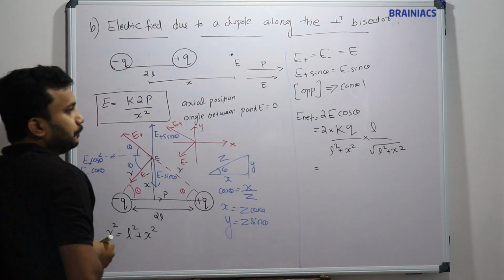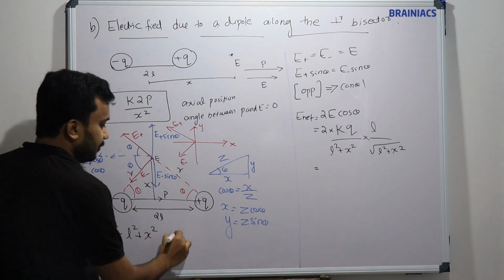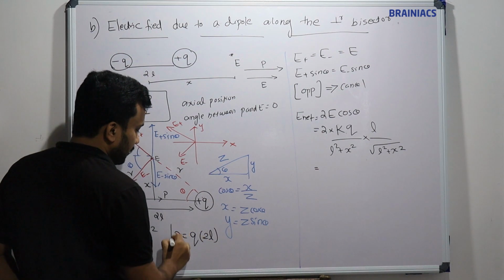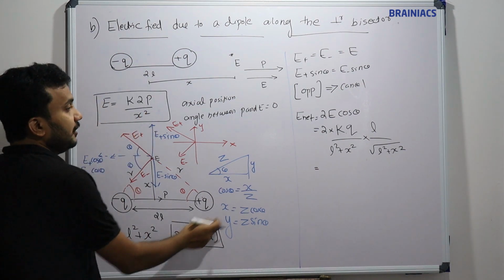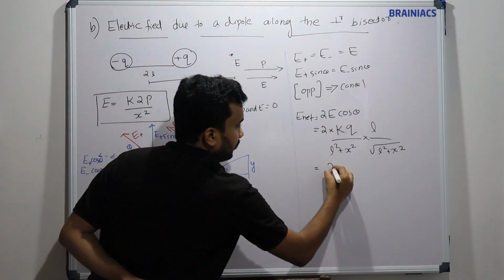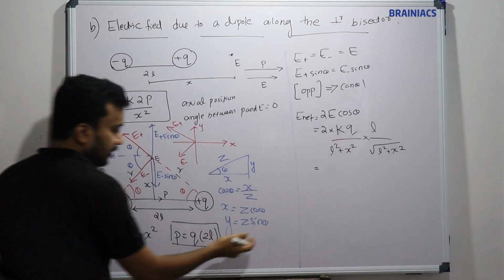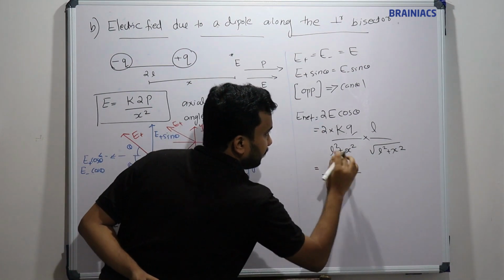Further simplifying, we know one term which is called dipole moment. What is dipole moment? Any one charge into the distance between the charges. This is what we have learned in the last class also, right? So here Q into 2L, we can say P. So 2QL goes to P, in the numerator. Hence the formula is Kp divided by, we are combining this.